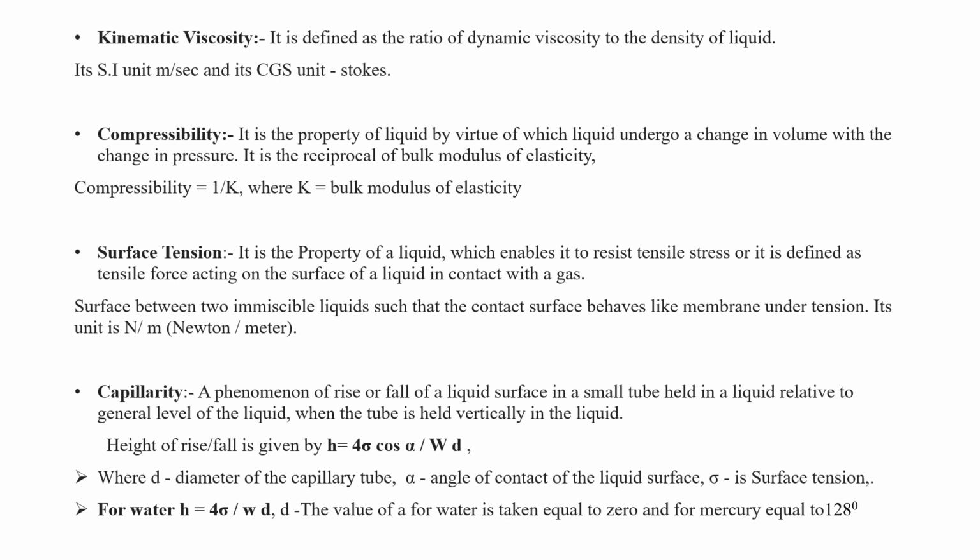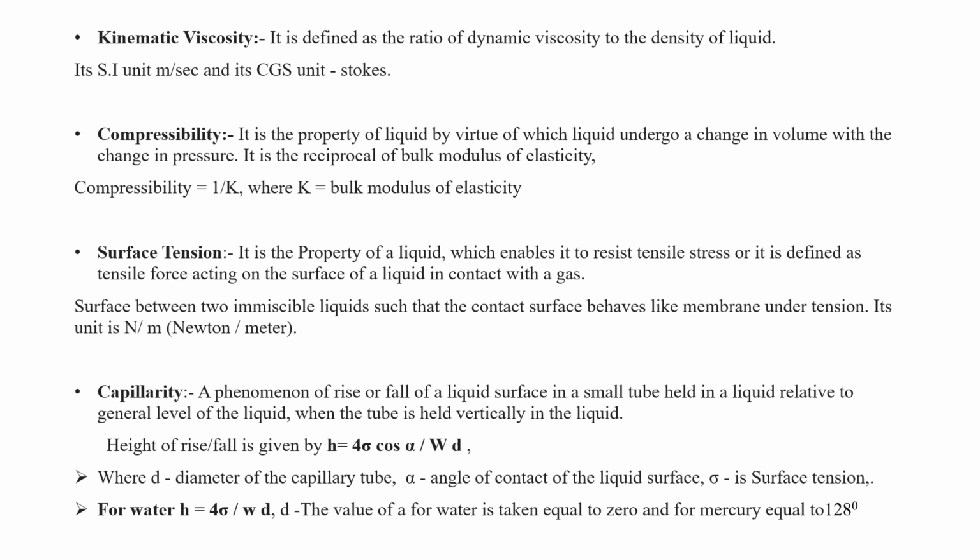Another property is capillarity. It is a phenomenon of rise or fall of a liquid surface in a small tube held in a liquid relative to the general level of the liquid, when the tube is held in a vertical position.